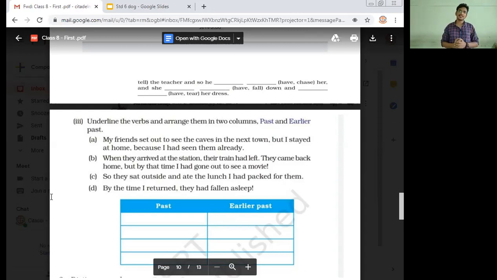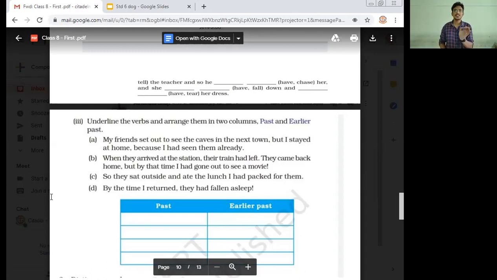Set out. Set out is actually a simple past tense, right? So you can write set out under that box, past. And when we move forward, we can see stayed, but I stayed. Stayed is also a simple past tense. So you can write stayed under past. Okay. Because I had seen them already.